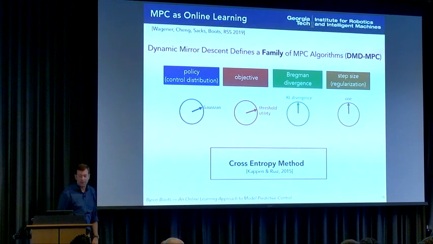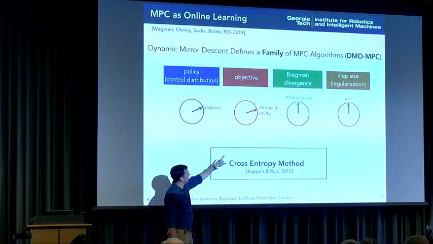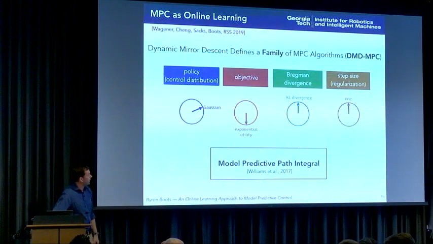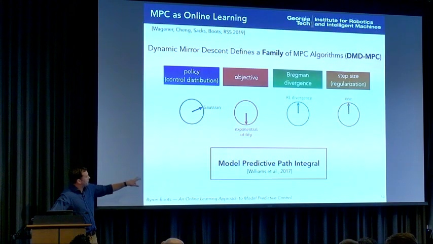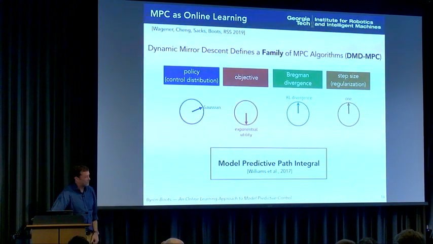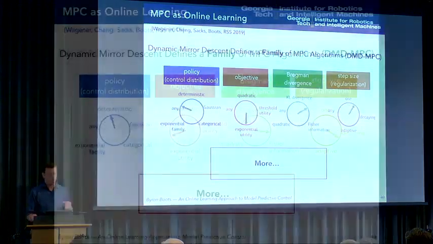You can get the cross-entropy method by using a Gaussian distribution, a threshold utility, a KL divergence, and a step size of 1. You can get model predictive path integral control, which is very similar to CEM but with an exponential utility, and many more depending on whatever choices you want to make.